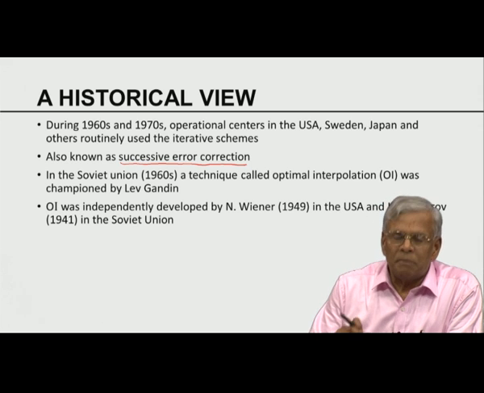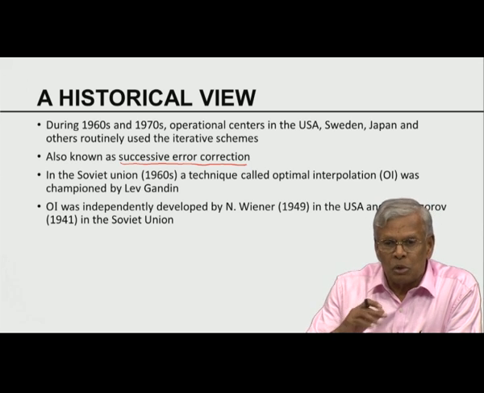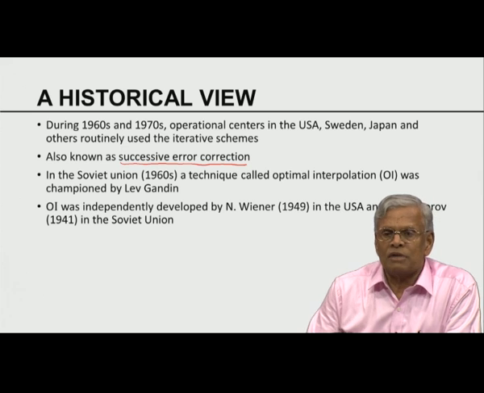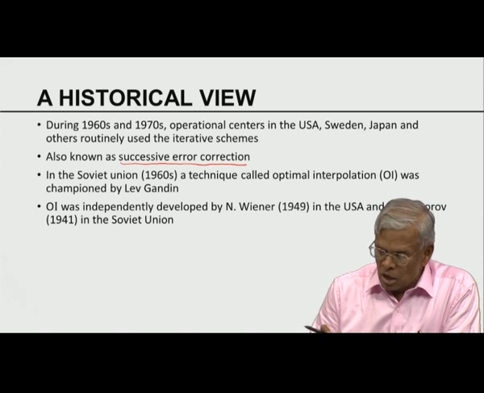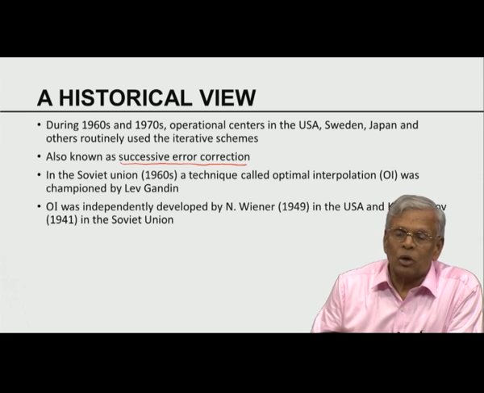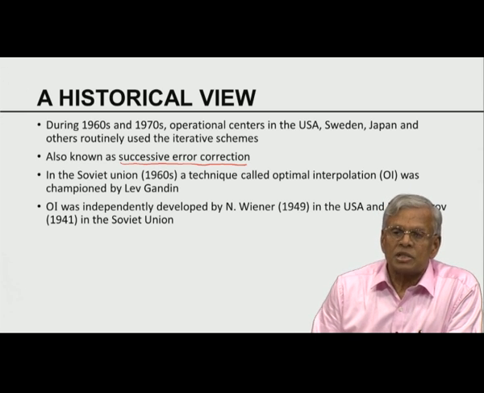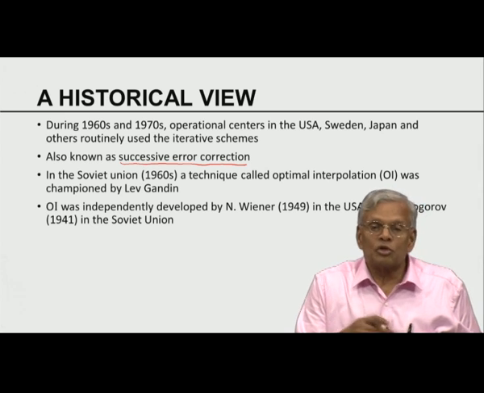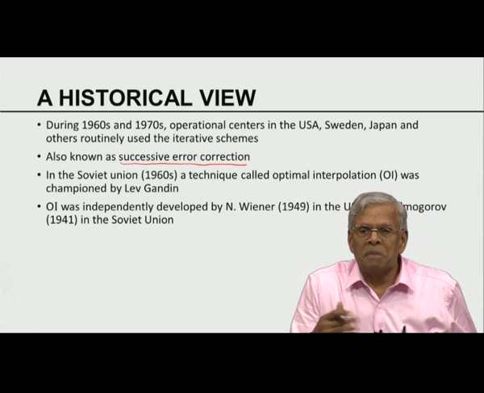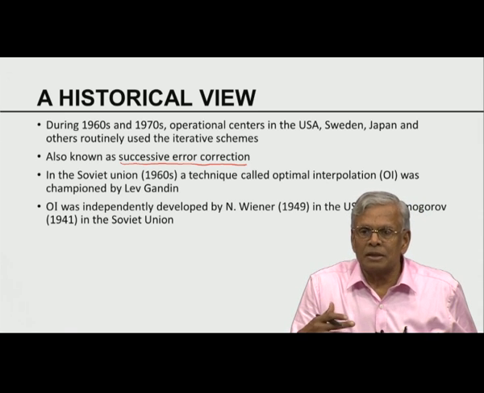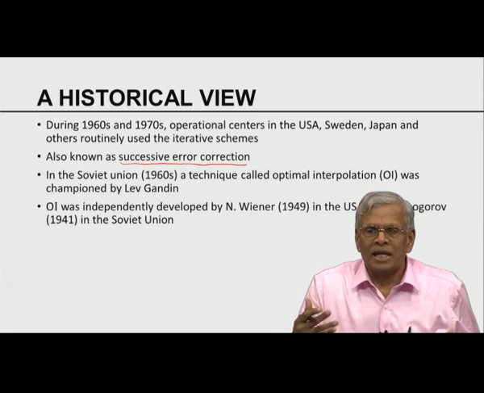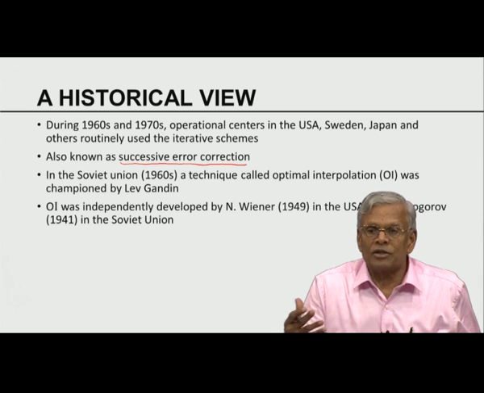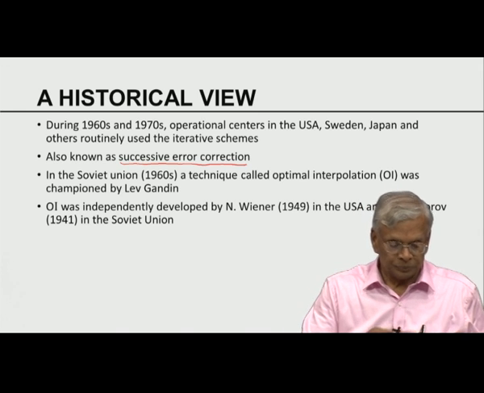The open publication date is around 1949, but he had independently developed it in the early 40s, not knowing that Kolmogorov was also working on similar problems. This goes to show big minds think similarly, even though they have been working in geographically distinct locations.